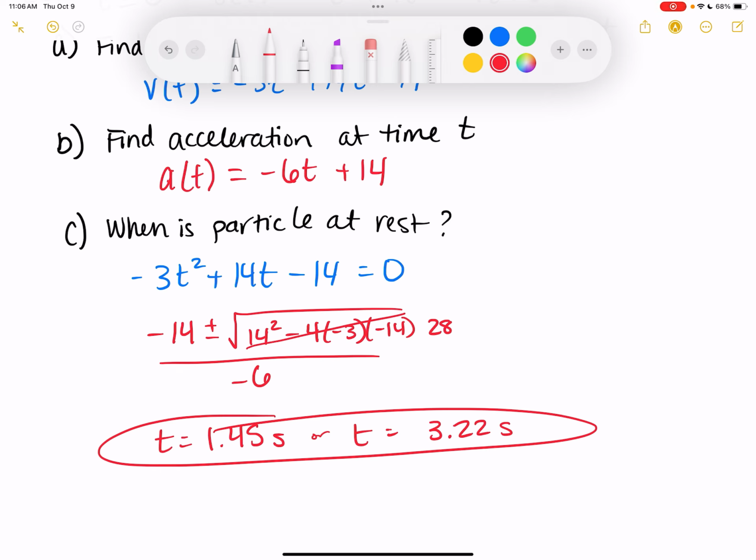Let me check it again and make sure. Yeah, so it would be the square root of 28, obviously. Okay, yeah, I got that. Normally, I would put it in a giant fraction and do it. I just did it step by step this time.